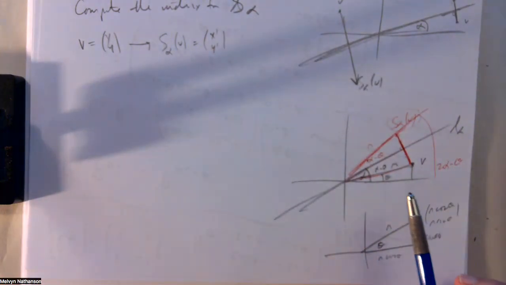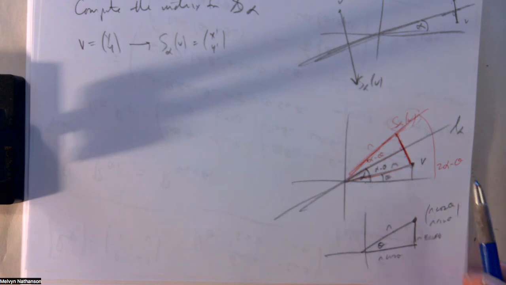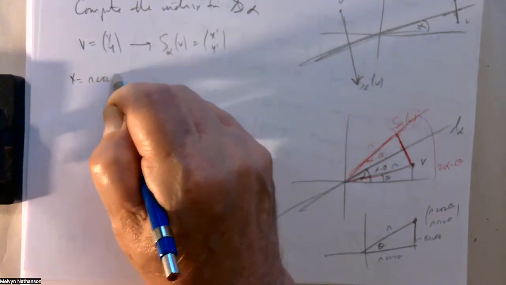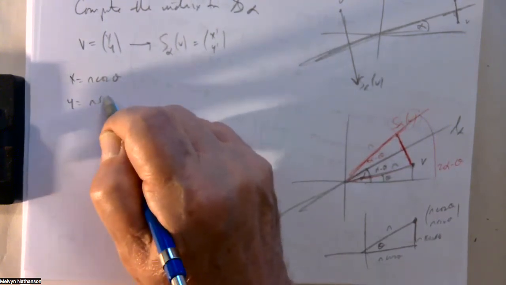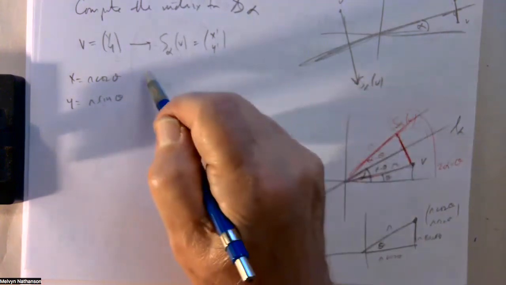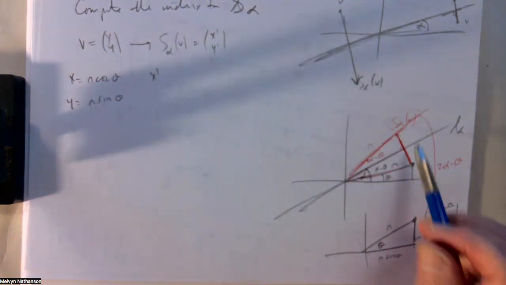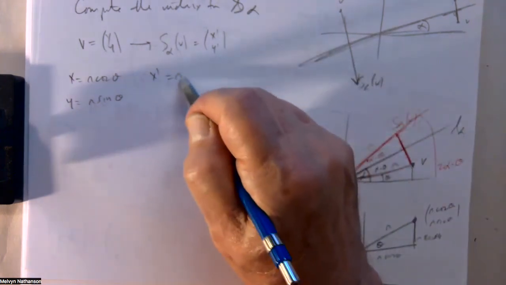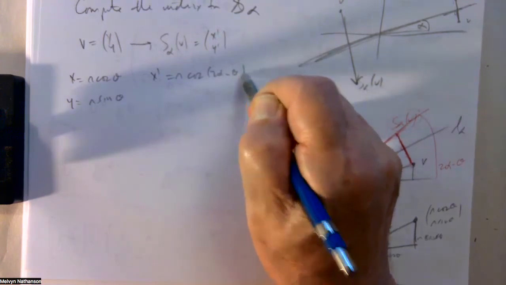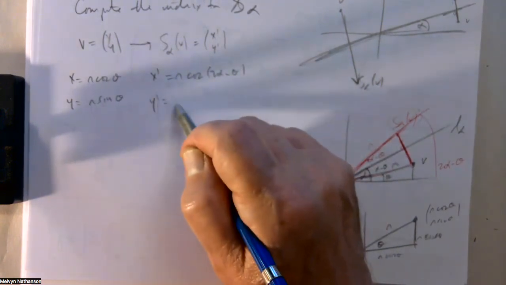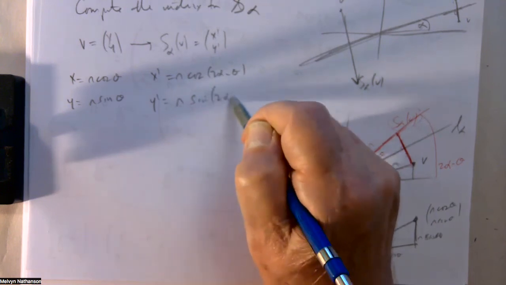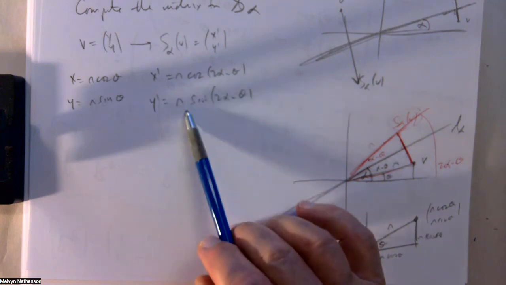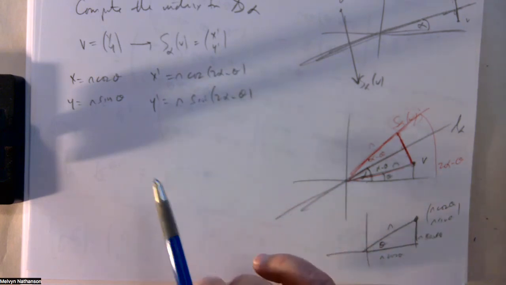But what is the relationship between x and x prime and y prime? So x is r cosine theta, y is r sine theta. For x prime, r is the same, but the angle is now 2 alpha minus theta. X prime is r times the cosine of 2 alpha minus theta. Y prime is r times the sine of 2 alpha minus theta. So how can I express x prime and y prime in terms of x and y?